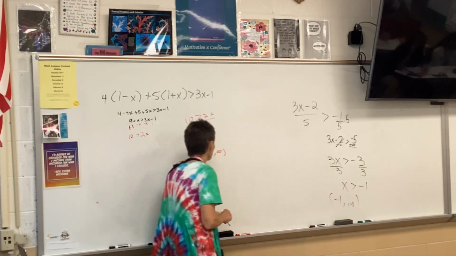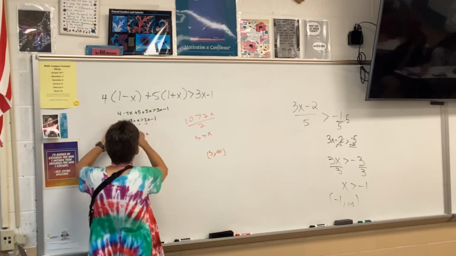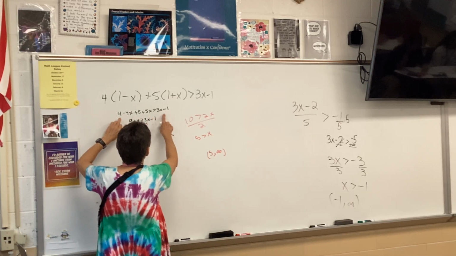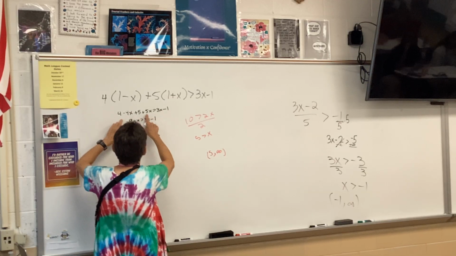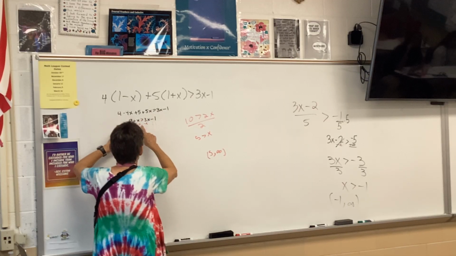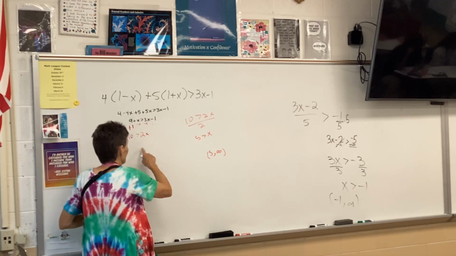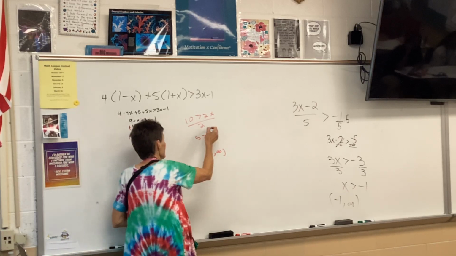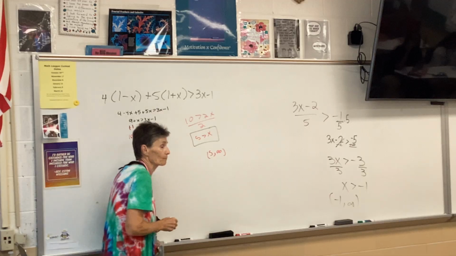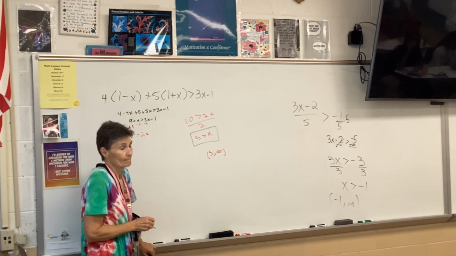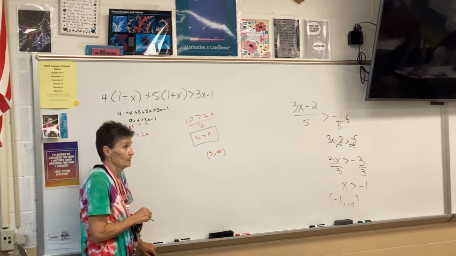All right, let's see what happened over here. You guys did some distributing. That looks great. This is what they got as their answer. Not wrong, but it's a little confusing.